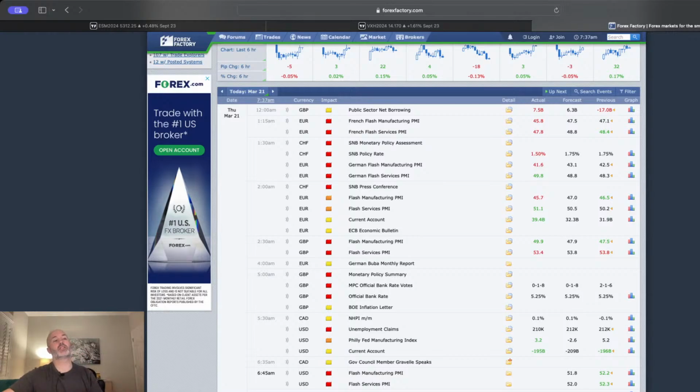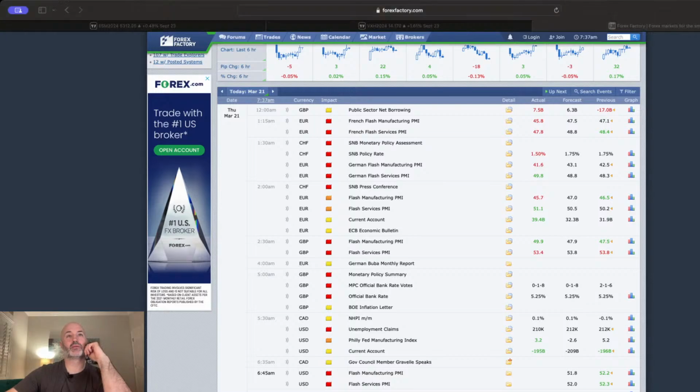These are all Pacific Standard Time. This flash manufacturing PMI and flash services PMI, that's going to be a big number. So that's kind of what we're waiting on with the market moving.